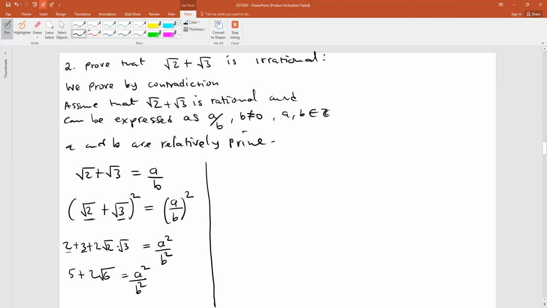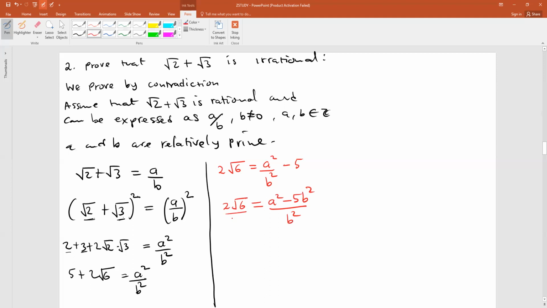So you have 2 square root of 6 is equal to a squared over b squared minus 5. Then this is a squared minus 5b squared over b squared.